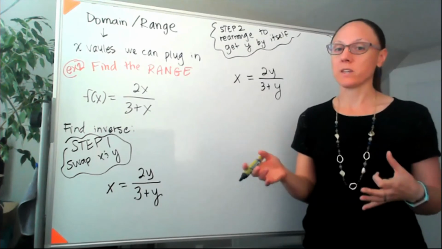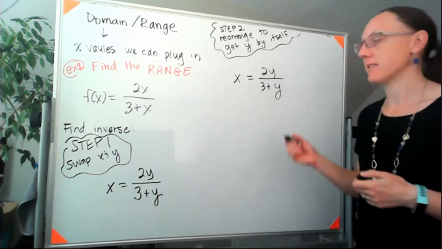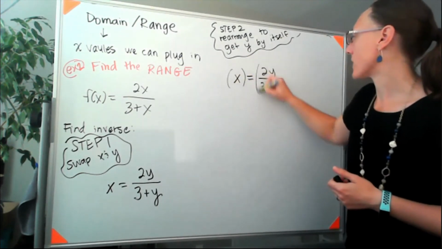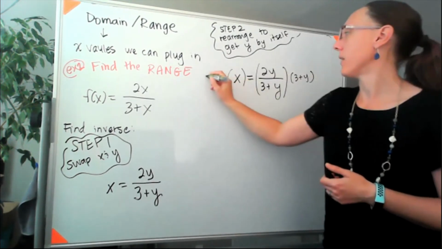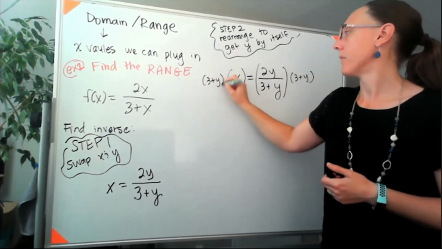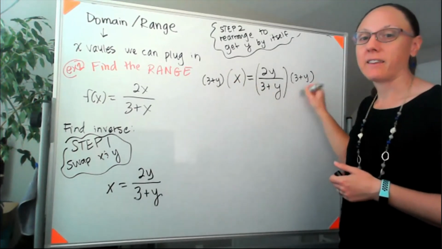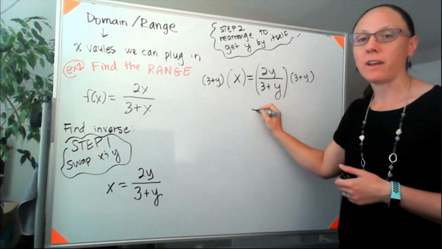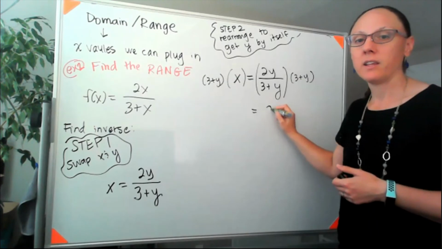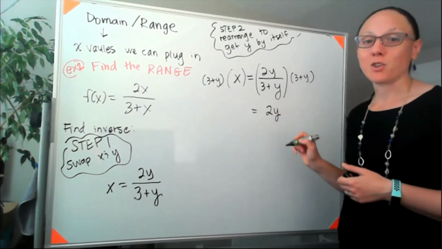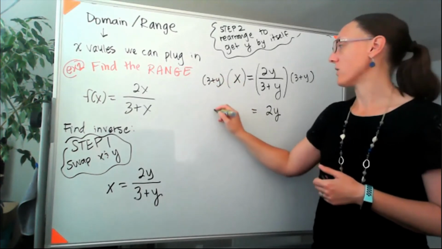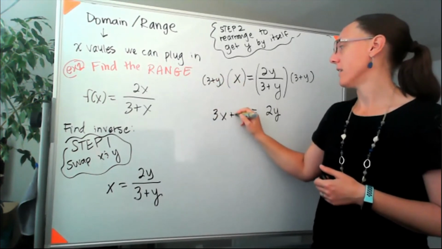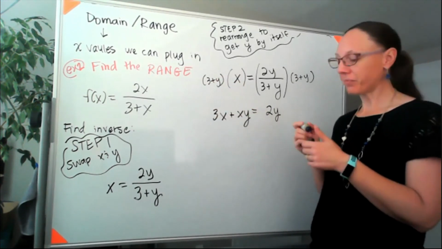I want to multiply both sides by something to get rid of the fractions. So I'm going to multiply both sides here by 3 plus y. On the right-hand side, that 3 plus y over 3 plus y is just going to leave me with a 1. So I've got 1 times 2y. And over here, I can go ahead and distribute that out to end up with 3x plus xy.